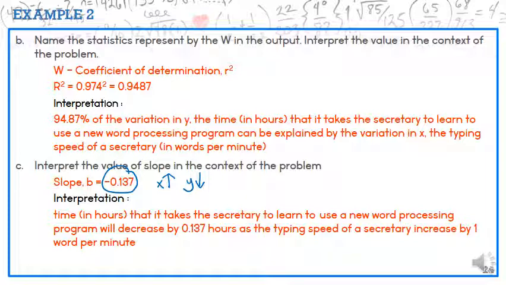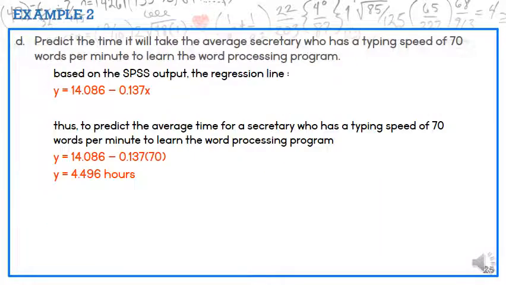Okay, so sebab B tu negative means that as X increases, Y decrease. X tu apa? Typing speed. Y tu apa? Time to learn new word processing. Dia suruh predict the time it will take the average secretary who has a typing speed of 70 words per minute to learn the new processing program.